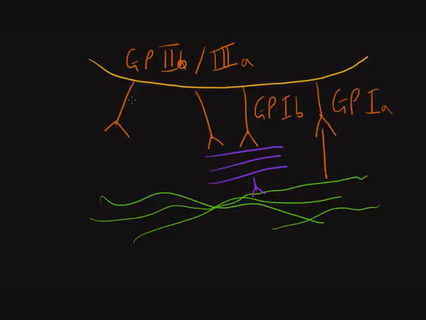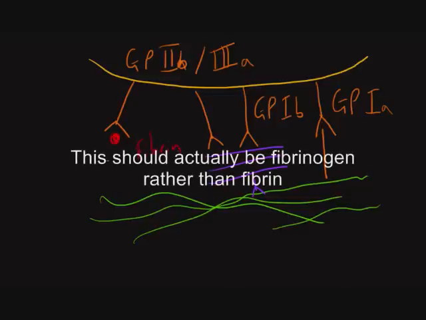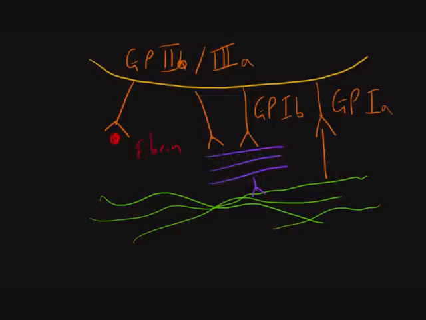Once the platelet has been activated, these glycoproteins are the ones that attach to the fibrin filaments, and through the intermediary of these fibrin filaments, these glycoproteins are therefore able to connect with other GP 2B 3A receptors on other platelets.